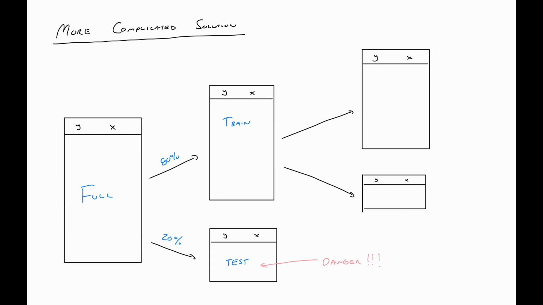Now what we're going to do is take this training data set and further split it up. We're going to take a random 80% of the training data and move it into a data set that I call the estimation data set. And the remaining 20% is going to go into a data set called the validation data set. A note here: this estimation data set name, I kind of made up.